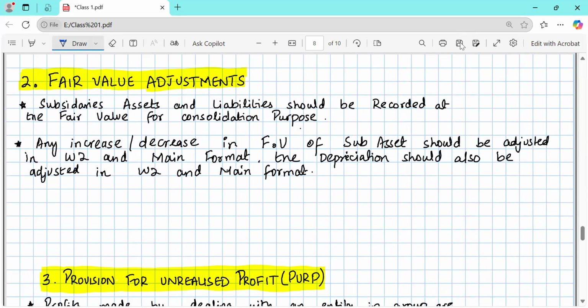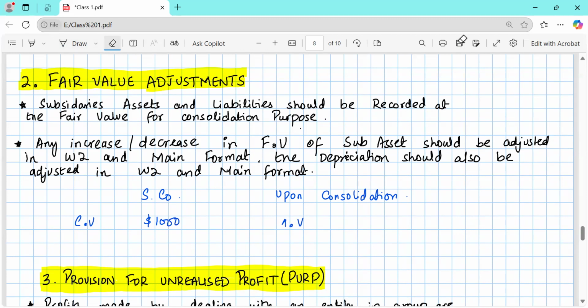For example, let's say the subsidiary company's carrying value of the asset was 1000, but upon consolidation you identified that its market value, or fair value, is 1500, and the remaining useful life of the asset is, for example, 10 years.